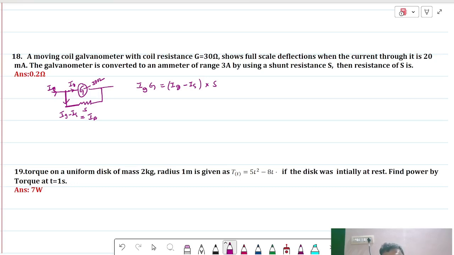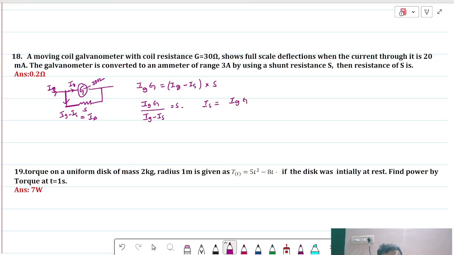This is the concept related to ammeter. In one more form we can also find the current in the ammeter from this only.